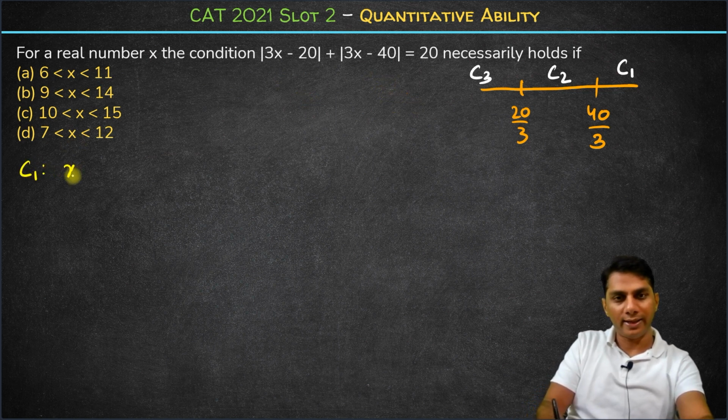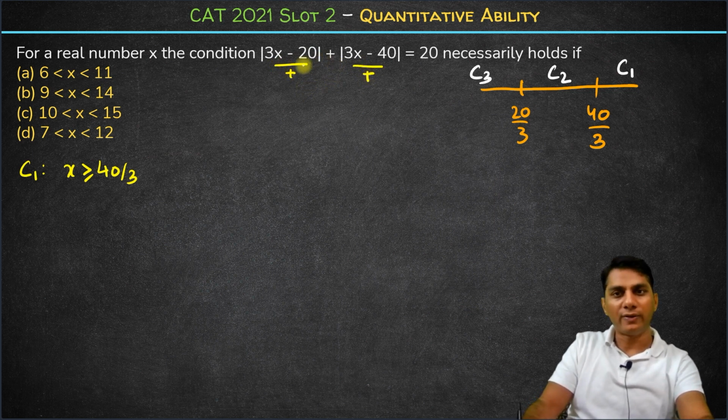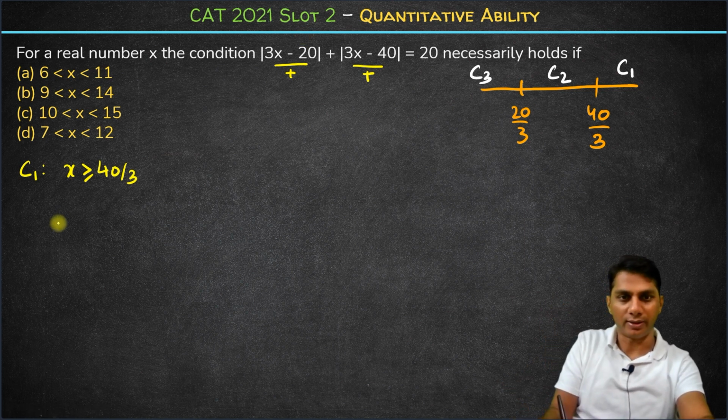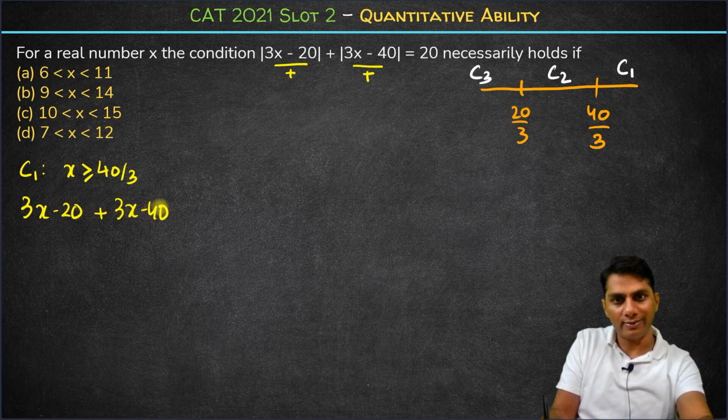Case 1, when x is greater than or equal to 40 by 3. Now if x is greater than or equal to 40 by 3, both these expressions will be positive. If both of them are positive, mod can be removed without changing the sign of the expression. So we'll have 3x minus 20 plus 3x minus 40 is equal to 20. So 3x plus 3x is 6x.